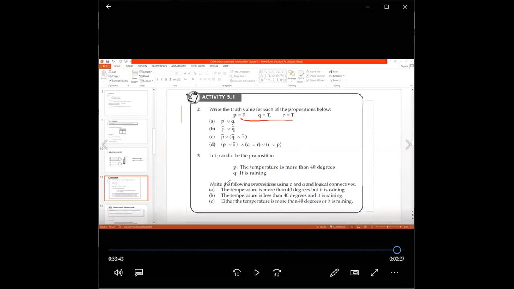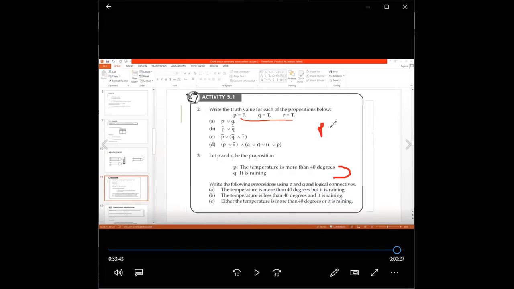It says, given the statements, write the following propositions using P and Q as logical connectives. Temperature is more than 40 degrees, but it is raining. How will you represent these two statements using logical connectives?